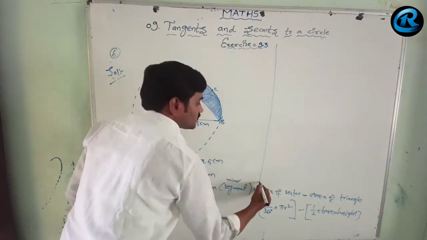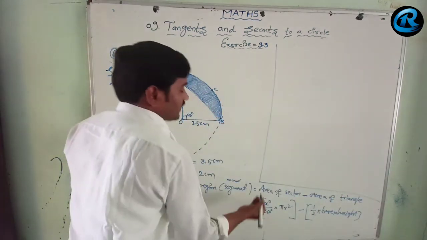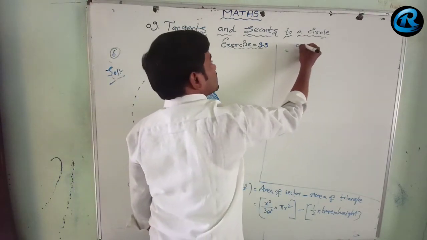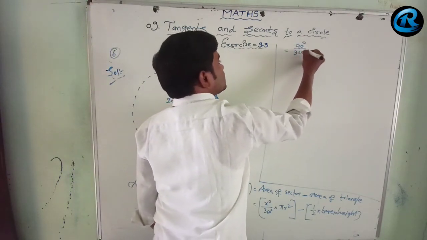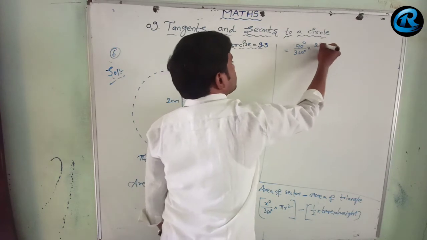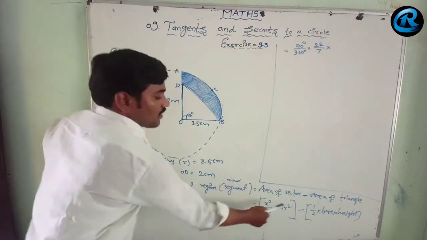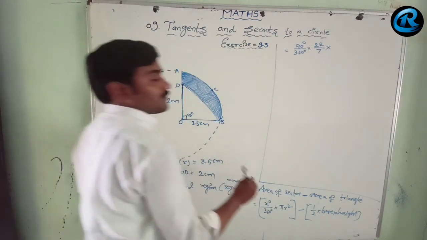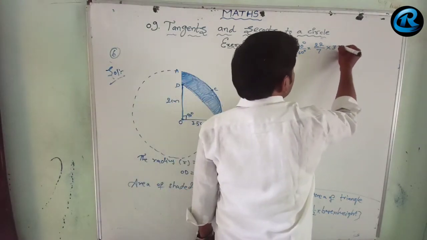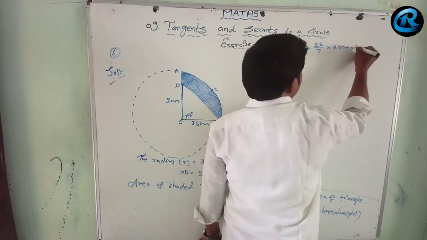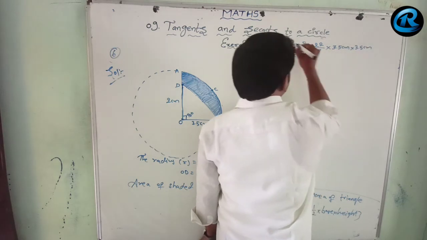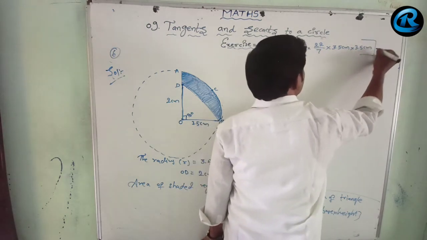Let us substitute the values now. Okay, x degrees is 90 degrees by 360 degrees into pi value 22/7 into r square. The radius is 3.5 centimeter as given, 3.5 centimeters into 3.5 centimeters, and this is the area of sector.